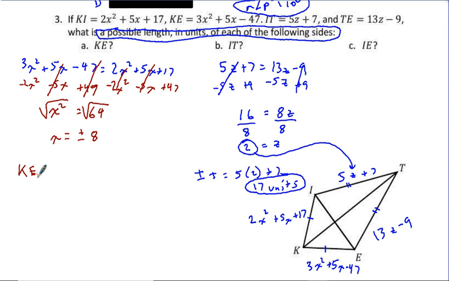KE equals 3 times 8 squared plus 5 times 8 minus 47. 3 times 64 plus 40 minus 47 equals 192 minus 7, or 185 units.